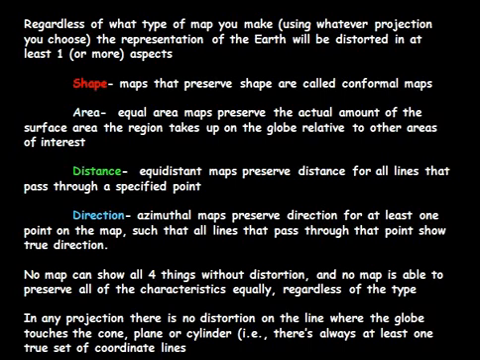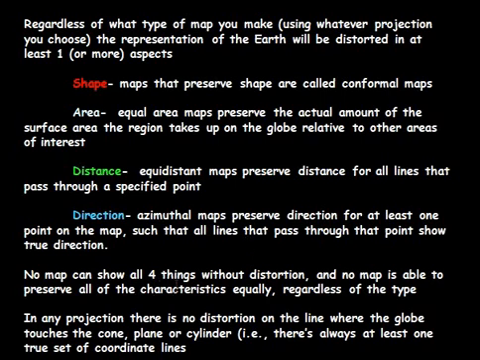Then aspects with respect to area: equal area maps preserve the actual amount of surface area a region takes up on the globe relative to other areas of interest. With respect to distance, equidistant maps preserve distance for all lines that pass through a specified point. With respect to direction, azimuthal maps preserve direction for at least one point on the map, such that all lines that pass through that point show true direction.